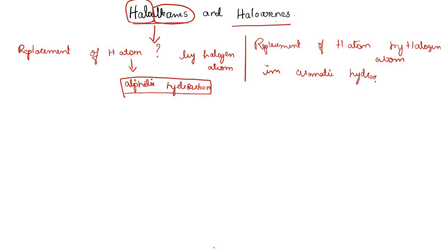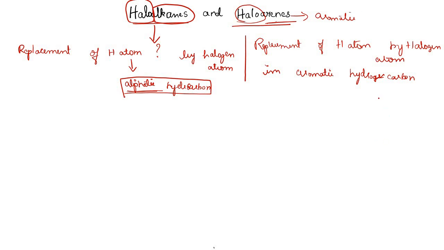The only difference is that in haloalkanes you are replacing a hydrogen atom by a halogen atom in the aliphatic, whereas in the haloarenes concept, you are replacing in the aromatic hydrocarbons.